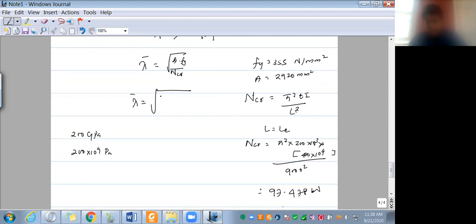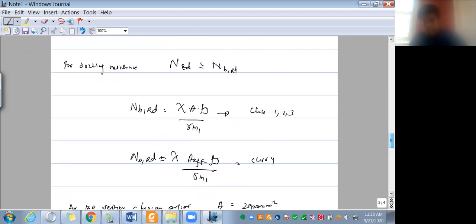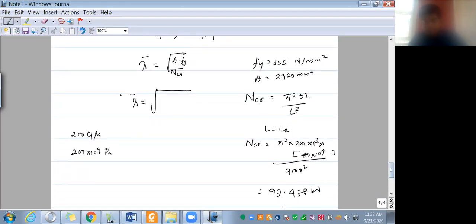That is 2,920 into Fy, which is 355, divided by 97,478.